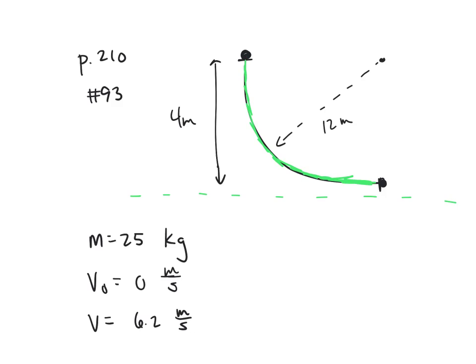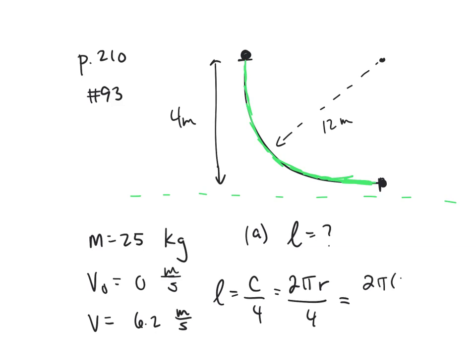So right off the bat, part A asks us, find the length of the slide L. It's really just 2 pi r, which is circumference, right? L equals circumference divided by 4, because it's a quarter of a circle. So that'll be 6 pi.